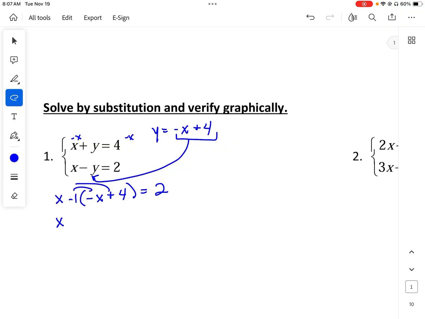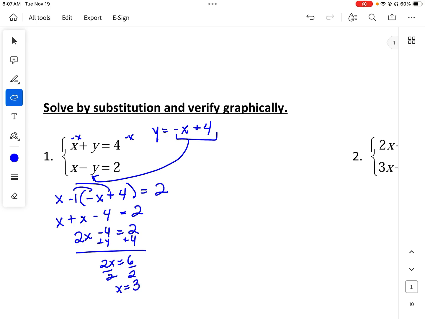It's like I have to distribute a -1, so plus x minus 4 equals 2. So 2x minus 4 equals 2. Now solve. Plus 4, we get 2x equals 6. Divide by 2, x equals 3.